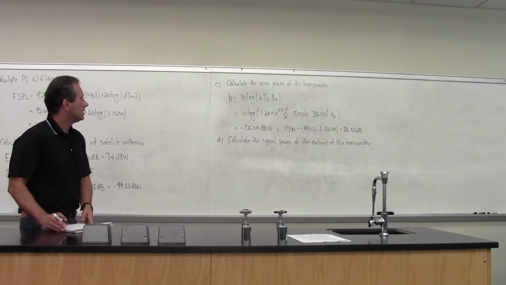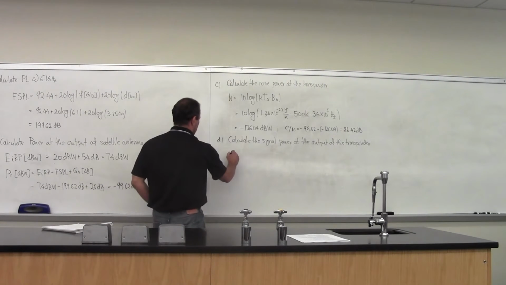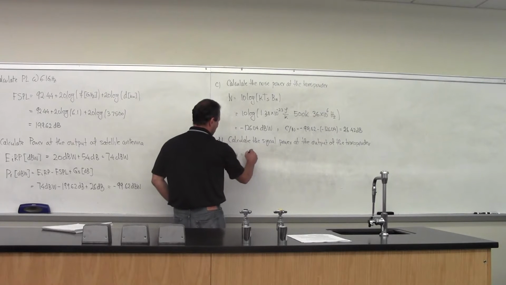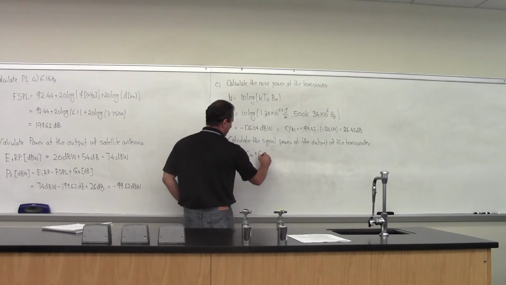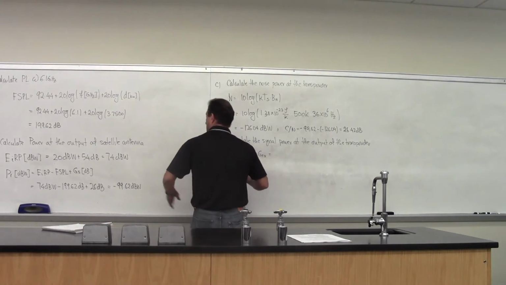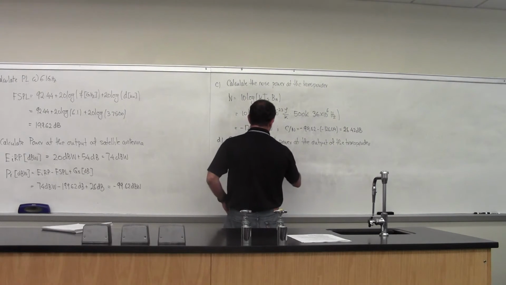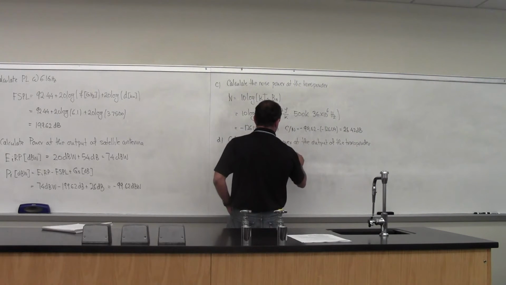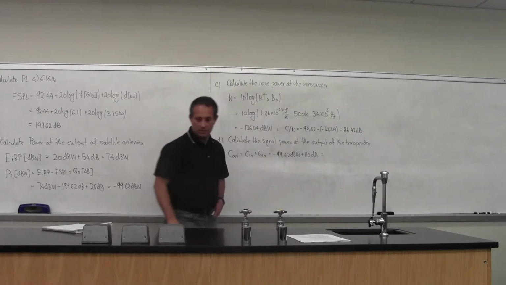So calculate the signal power at the output of the transponder. This is going to be C plus the gain of the transponder, everything in dB. So this is minus 99.62 dBW plus 110 dB.